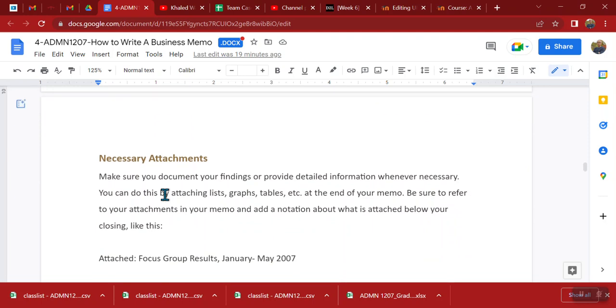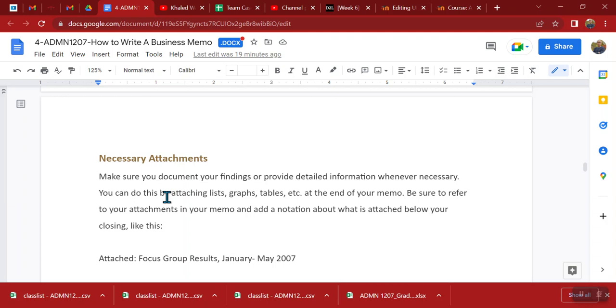Maybe you might want to attach some documents, and they could be very necessary attachments. In this case you can do that. For instance, you don't want to put text or figures inside the memo because it distracts from the main message, but you might refer to some findings, like visualization of data or tables, and you shouldn't put them in the text itself.